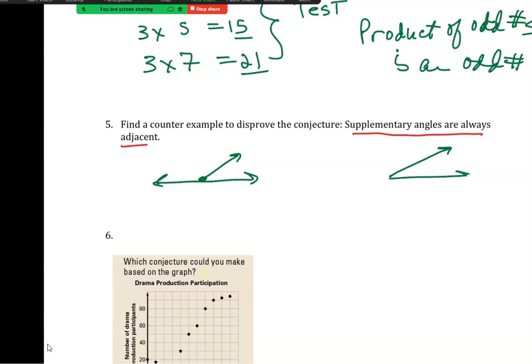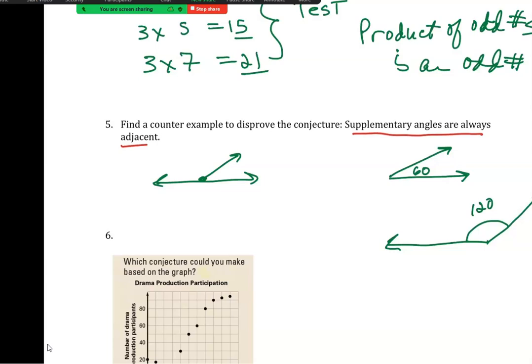What if I said that this angle is 60 and this angle, so let's make it big, is 120. Now they are not adjacent, right?